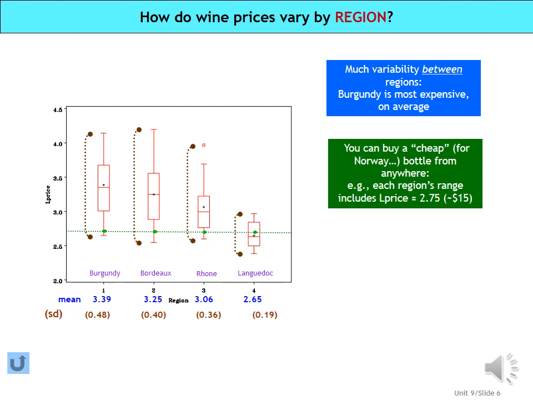You can find cheap wines in each region. So even though this is expensive in general, mean-wise, right? This is another expensive one too, but the range of this one is higher. The variety is too much.